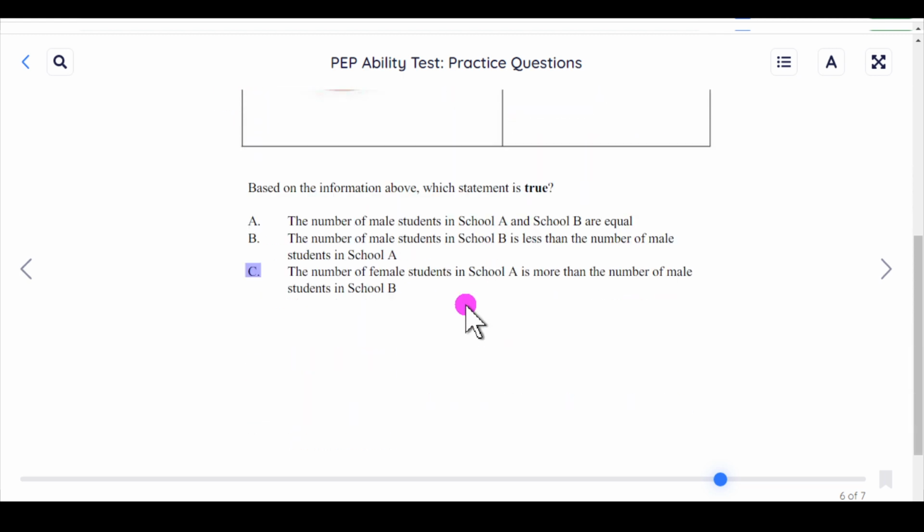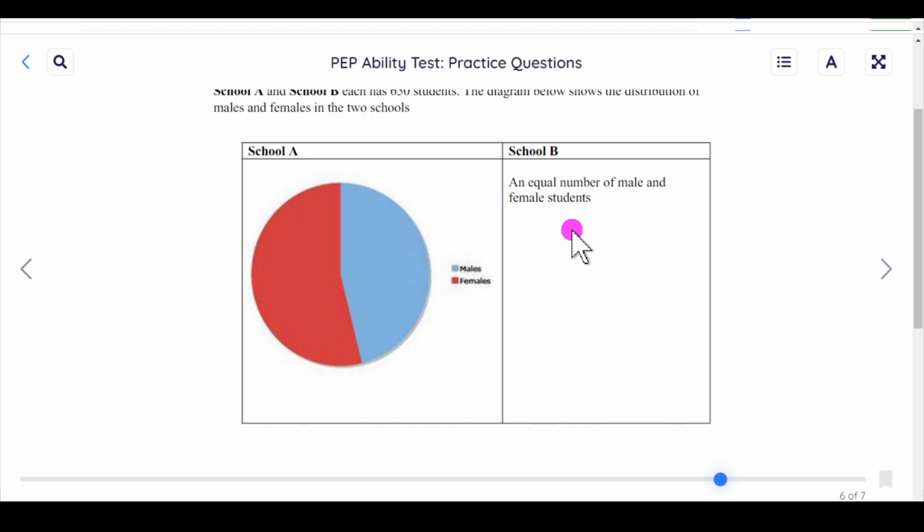All right, let's go with what is said here for 9. It says the number of males in school A and the number in school B are equal. No, couldn't be equal because we have less over here.